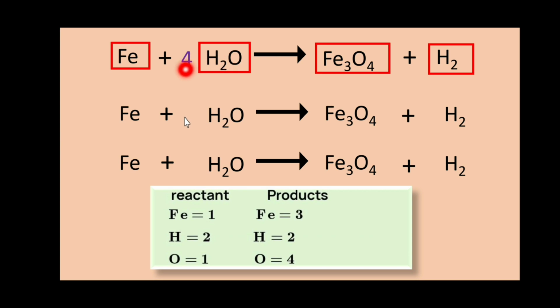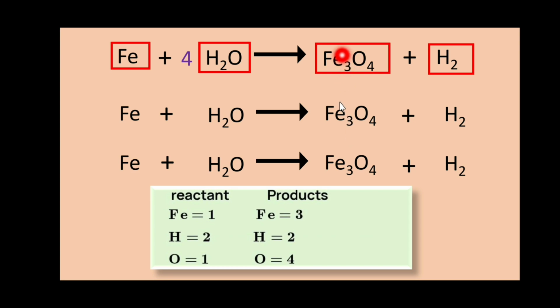So here what happens, oxygen on the reactant side has 4 atoms of its own. On the product side also we will find 4 atoms of oxygen. Now oxygen is balanced on both sides.